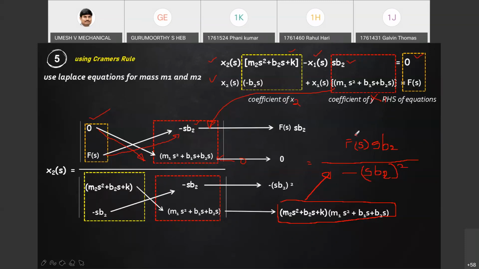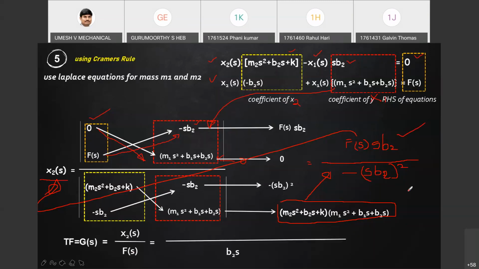You bring the answer, b2 s into this. The same answer you got in the substitution method also. And it will be clarified.